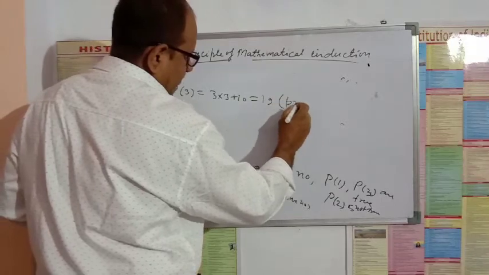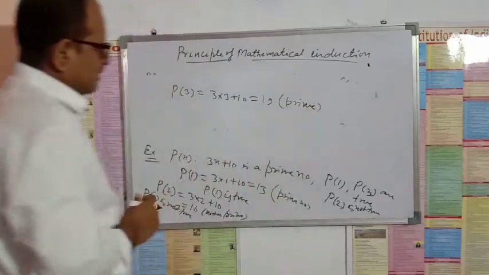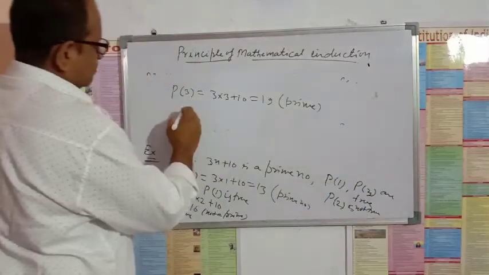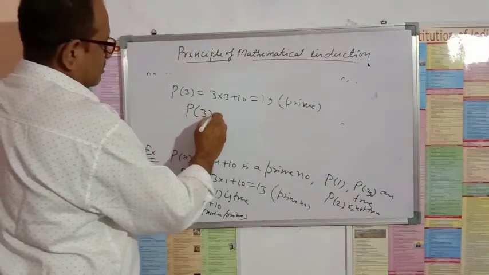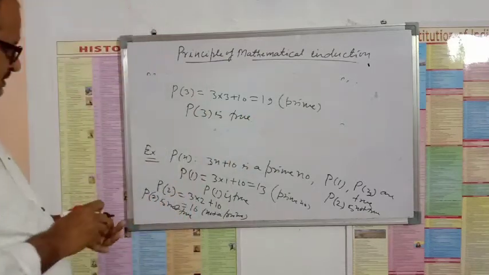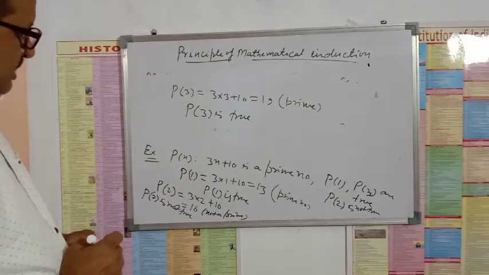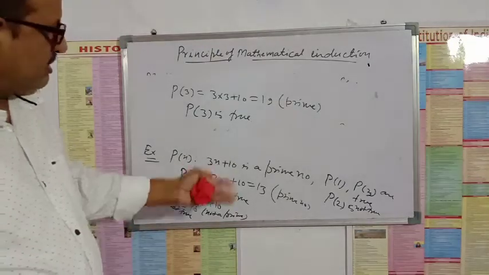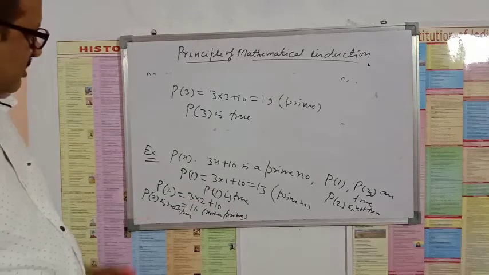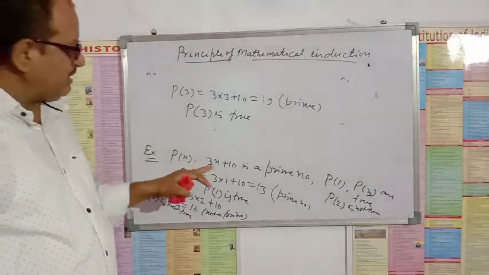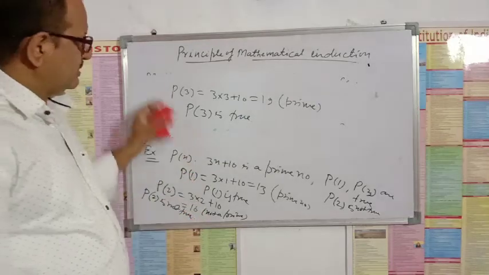Again prime, so P3 is true. In this way we can check whether a given mathematical statement is true or not. Here n is a natural number. We have to study the mathematical statement for all the natural numbers.